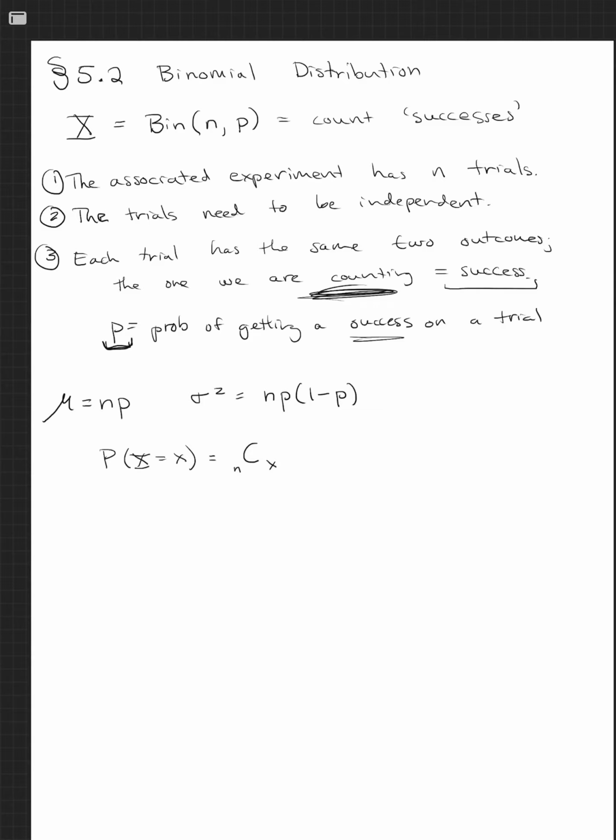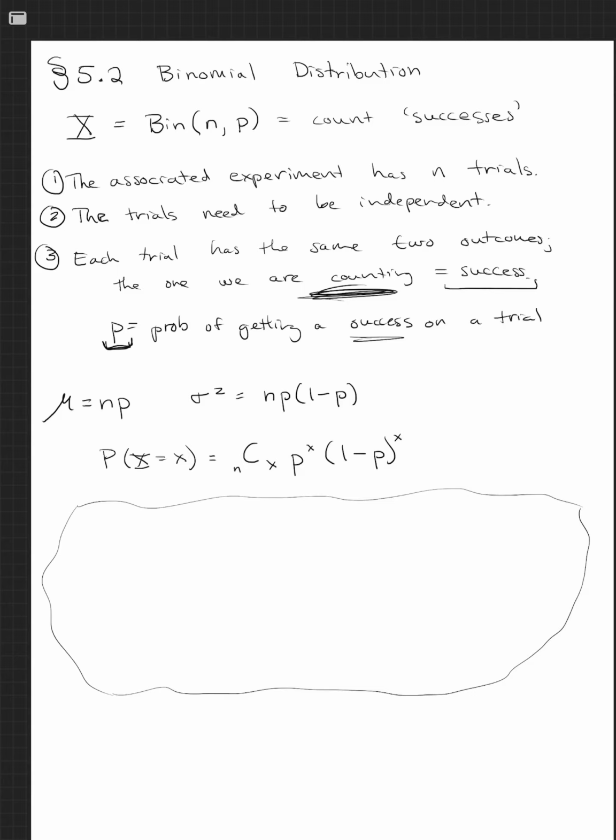The probability that X equals a particular value x is n choose x, p to the x, 1 minus p to the n minus x. So a brief digression. We didn't need all the stuff that came from the section that choose comes from, but we did need some of it.